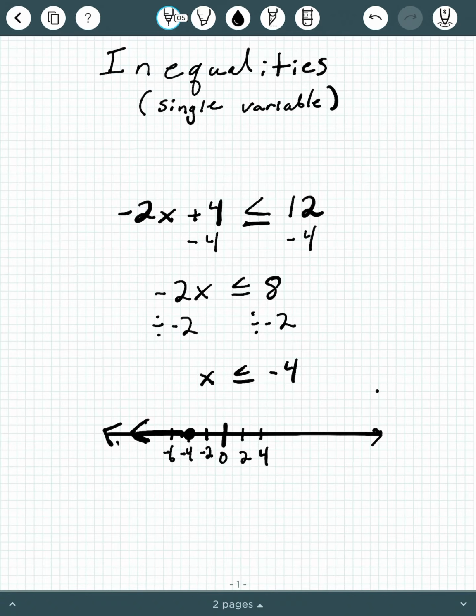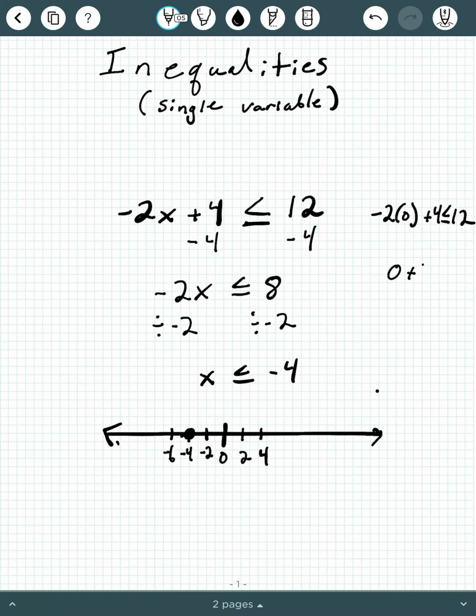But I really do need to use that test point idea. So if I go back and say, okay, I know the boundary point is negative 4, meaning that's where the change happens, what if I pick 0 and see if it's true or not? What if I solve negative 2 multiplied by 0 plus 4 is less than or equal to 12?